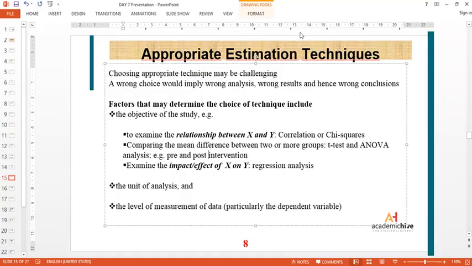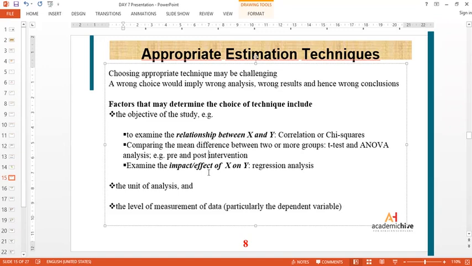If your interest is to examine the impact or the effect of a particular variable on a dependent variable, so let's say you want your work to examine the effect of X on Y, X being your independent variable and Y the dependent variable.